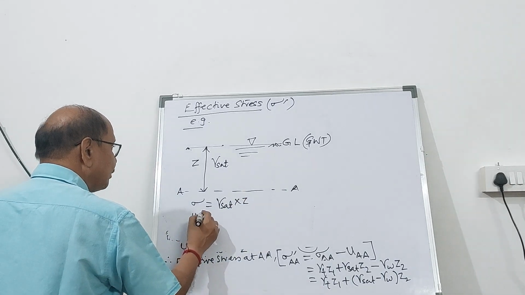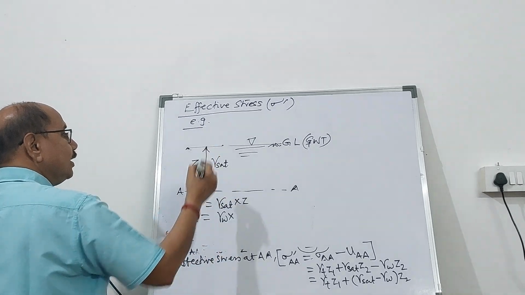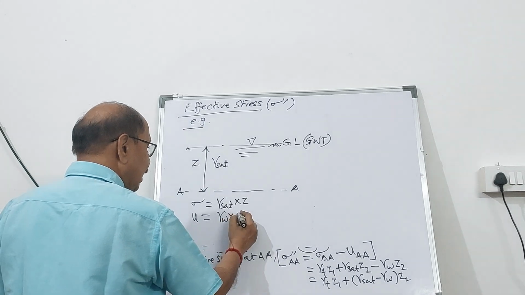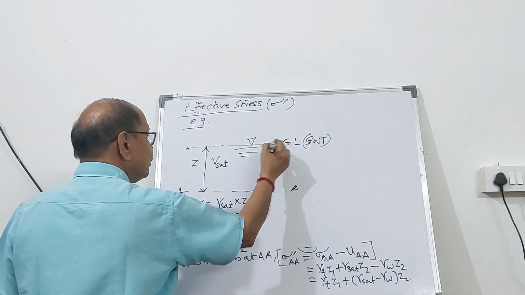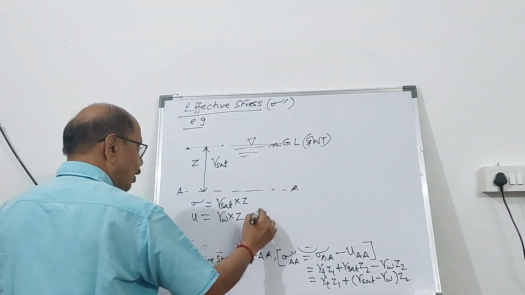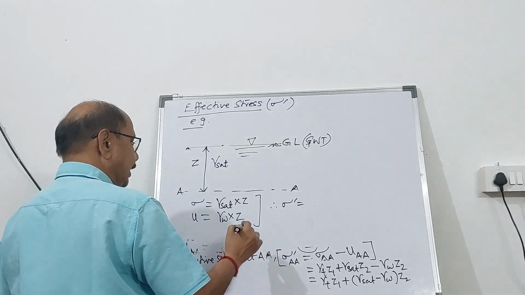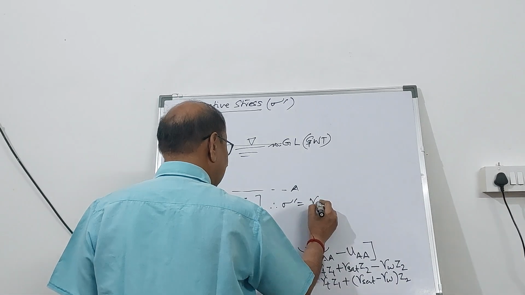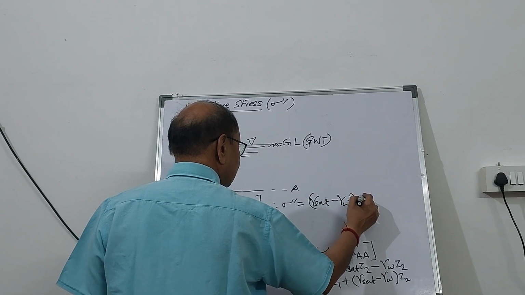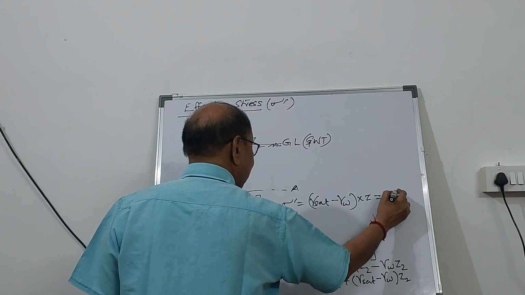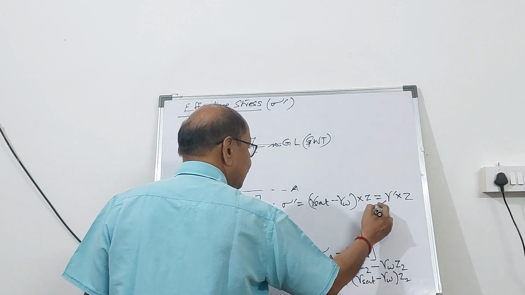So it should be gamma saturated into Z. And the pore water pressure here will be gamma W into the water column will be up to Z. If you insert a piezometric tube, the water table will be up to Z. So therefore, the effective pressure at A will be gamma sat minus gamma W into Z. That is gamma prime into Z, where gamma prime is the submerged unit weight.